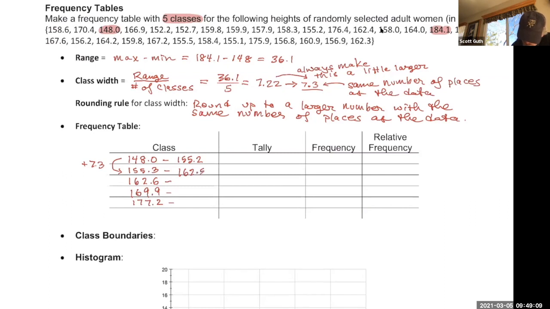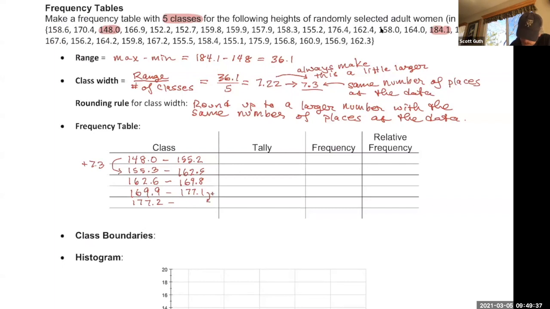So the next one's going to be 162.5, then 169.8, and then 177.1. And then, of course, we're hanging off a cliff here for the last one because it's not clear what the last one should be. So I'll just note that once again, to go down in the table, you have to add 7.3.